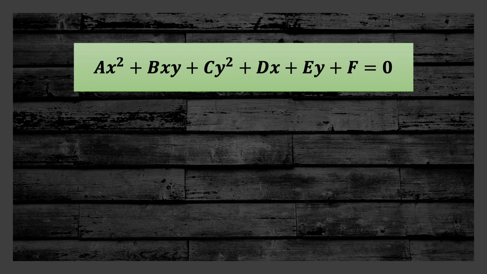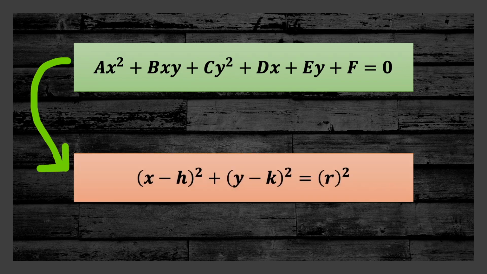In this lesson, we will convert a circle from this equation to its standard equation denoted by quantity x minus h squared plus quantity y minus k squared equals quantity r squared, where h and k are the coordinates of its center and r is the length of its radius. Also, we will see that it is possible to bring the standard equation back to its original form.